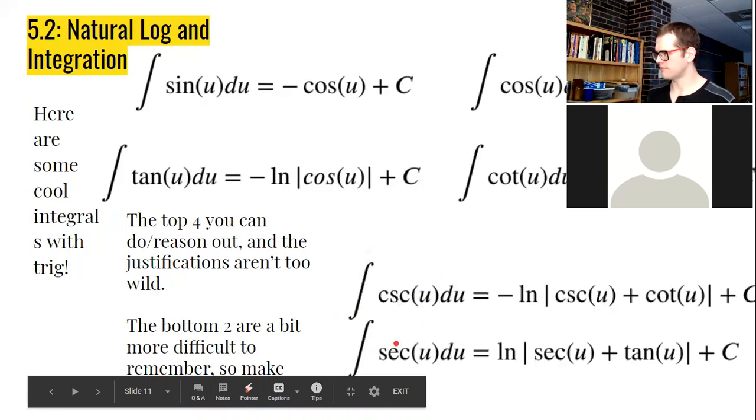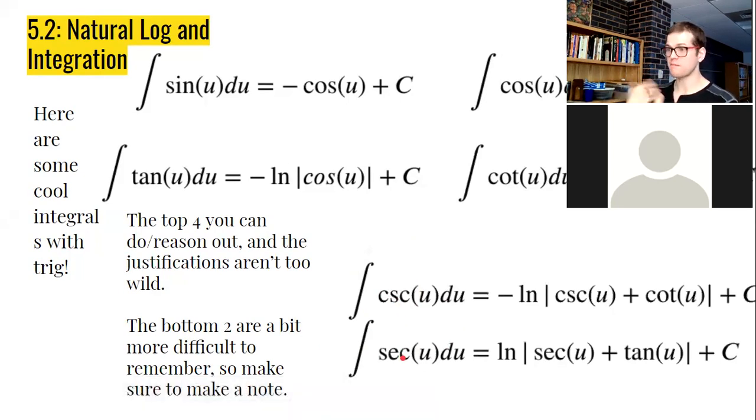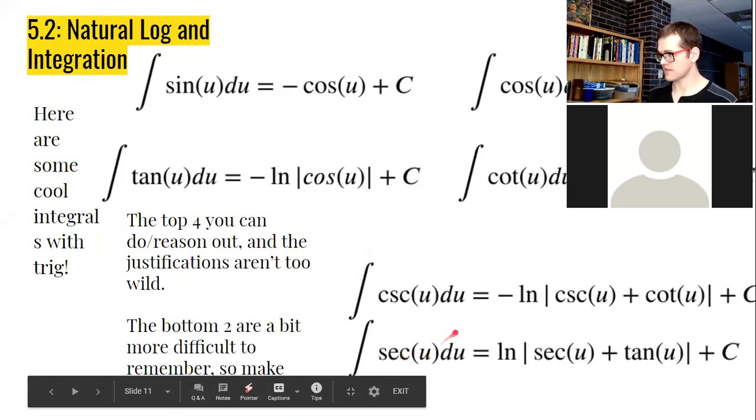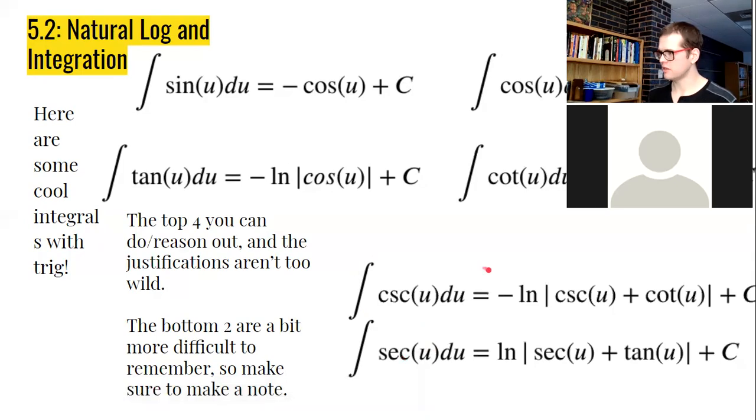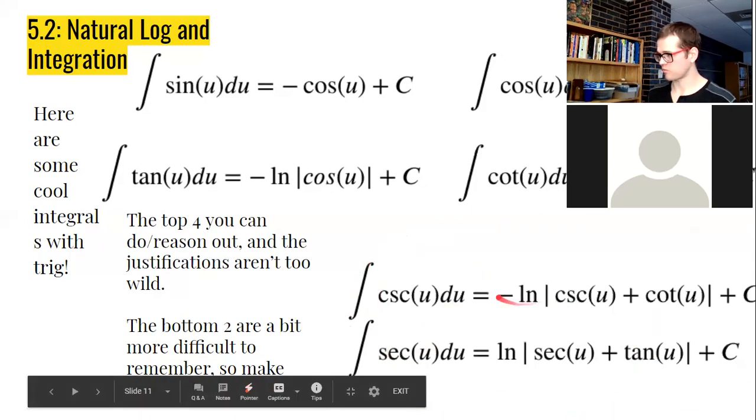I know that it involves rewriting it as 1 over sine and 1 over cosine. And then you have to add or subtract something to make something happen for you. But again, there's an involved process in order to make it happen. If you read through your book, and you should read through your book for each section, it'll walk you through the process of why these two are what they are.